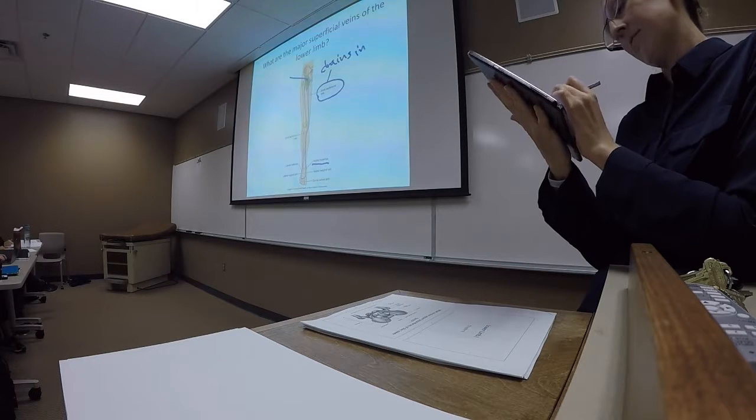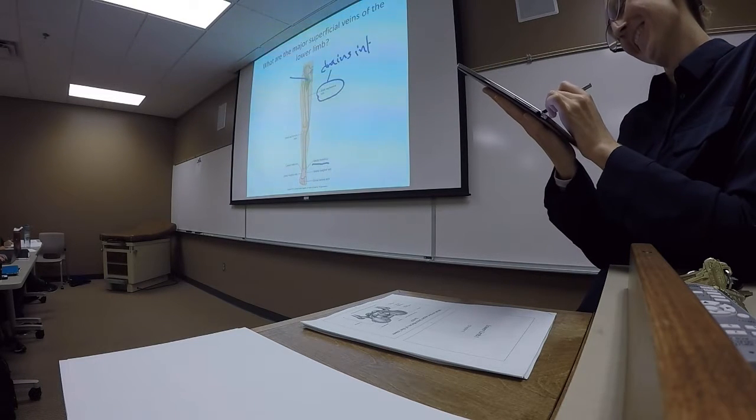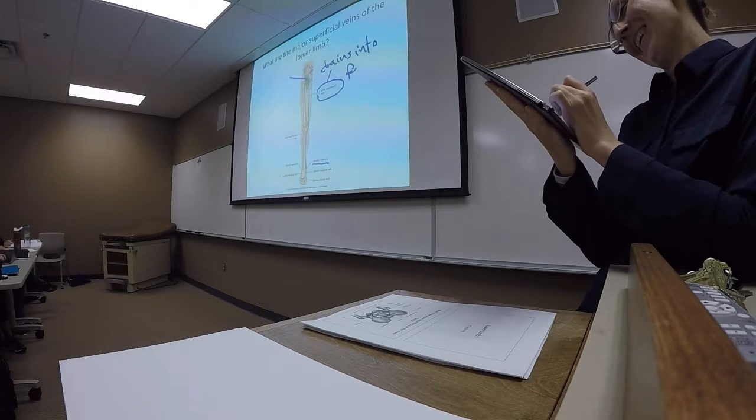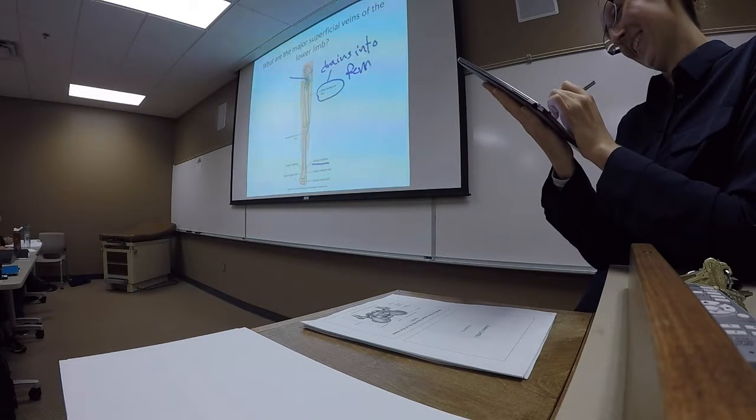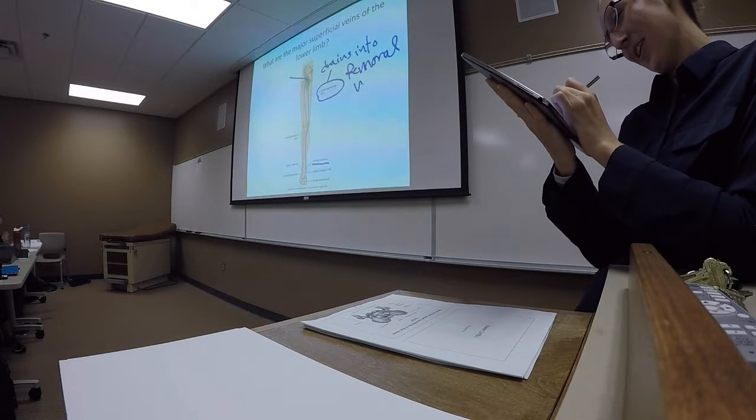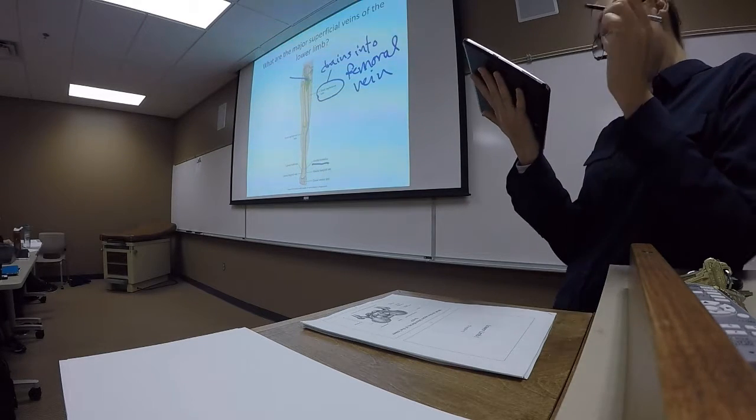Femoral vein, thank you. I was like, hold on, is there something weird going on there? We've got some crazy circulation happening here. Vein. I can't believe I said artery, that's hilarious.